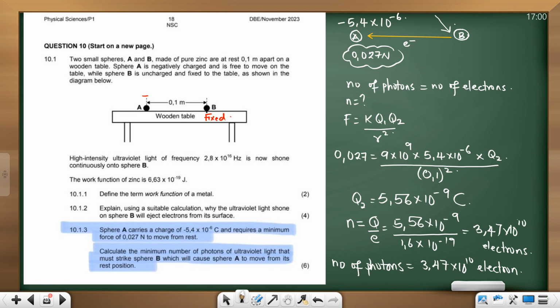I know calculations, you know what to do. We good?